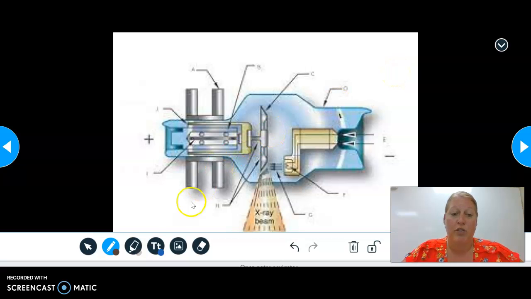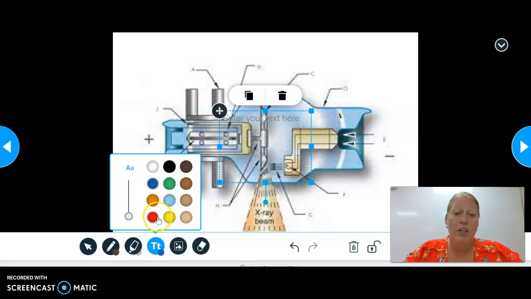And then I would like you to probably do a text because it would probably be easier for me to read. You can do the text option, and it creates a box. And you can do, let's see, cathode, all right? And then you can move that around to wherever you need it to be, okay?